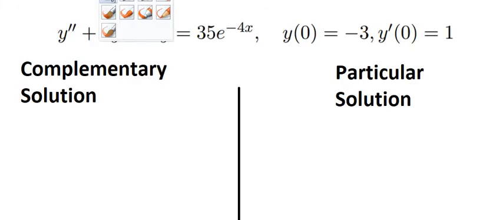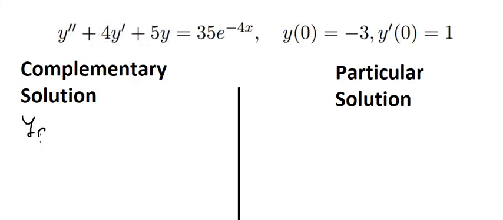Now I will put yc equals e to the power of lambda s. So if I do the first derivative, you get lambda e to the power of lambda s.